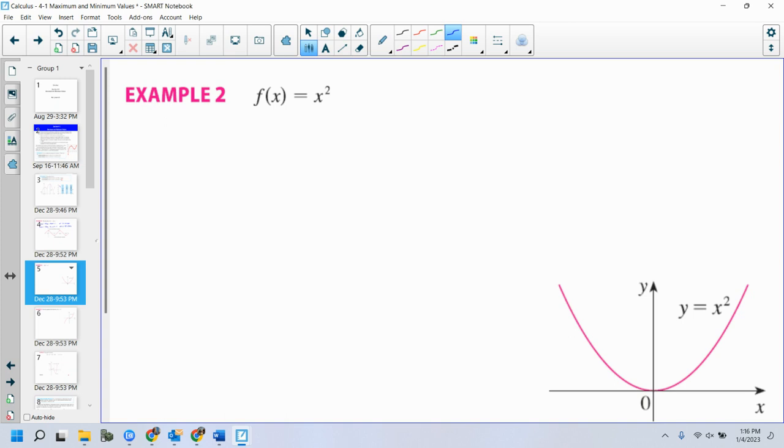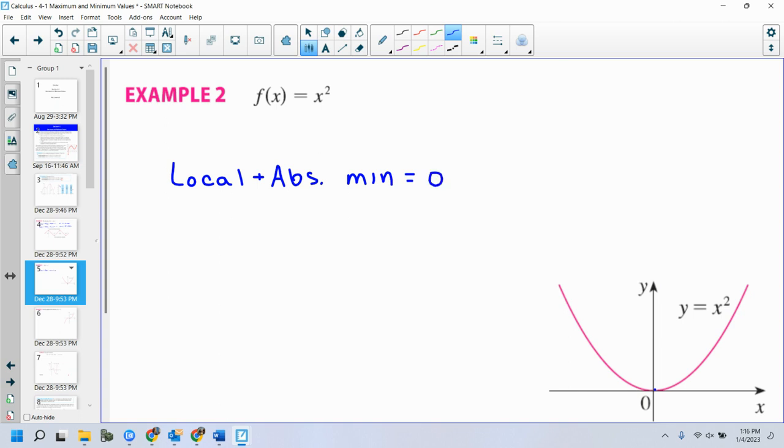A minimum value, right? Yeah. A minimum value. Is that a local? Is that an absolute? It's both. Local and absolute minimum value is 0.